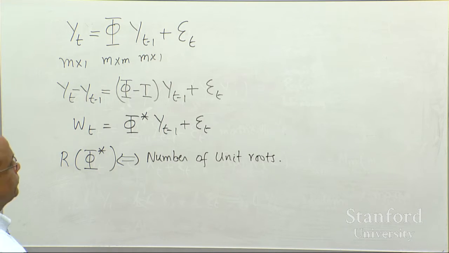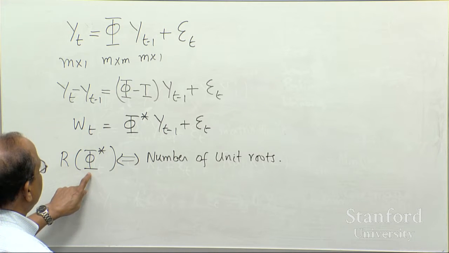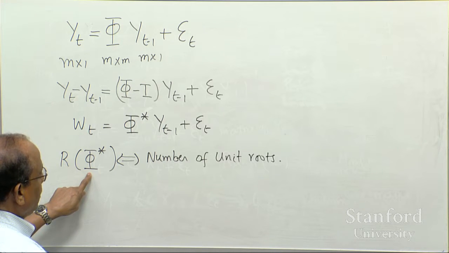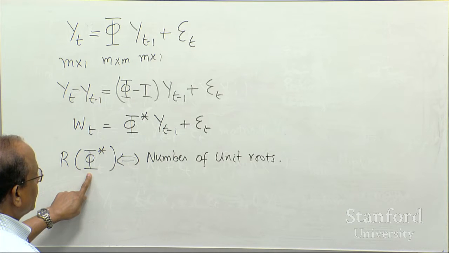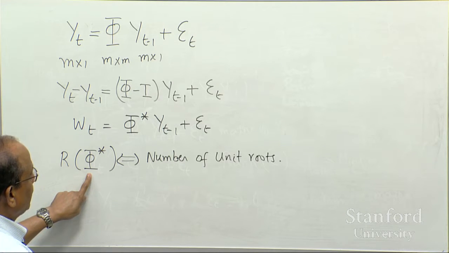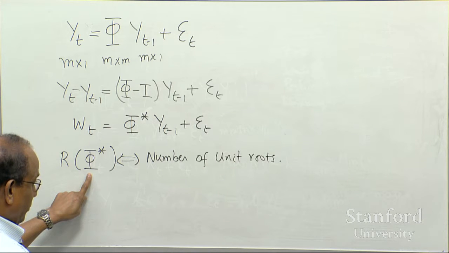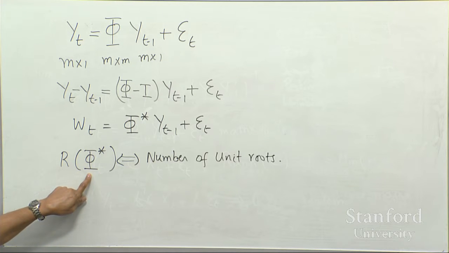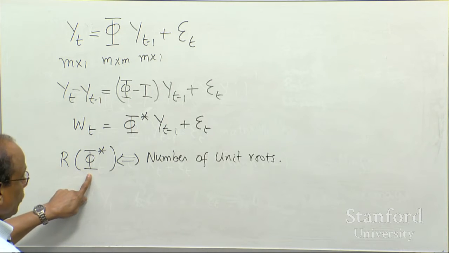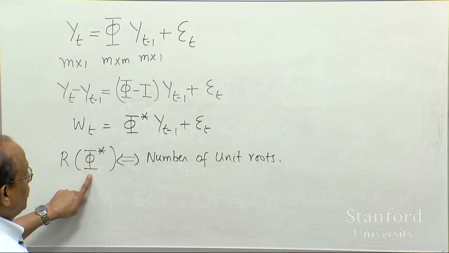If the rank is 0, that means all the roots are unit roots, so there is no way you can do any reduced rank regression. If the number of unit roots is somewhere between 1 and 5 in the case of hog data, you can use that information to do the following.